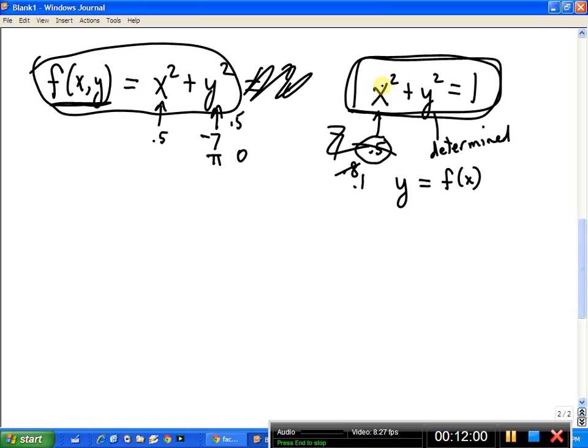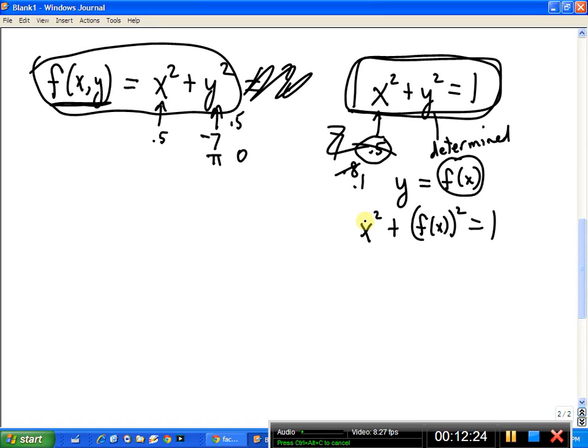So y is not a simple variable, y is a dependent variable, y is a function of x, all by itself. So if you wanted to, you could think of it this way: x squared plus f of x squared equals 1.